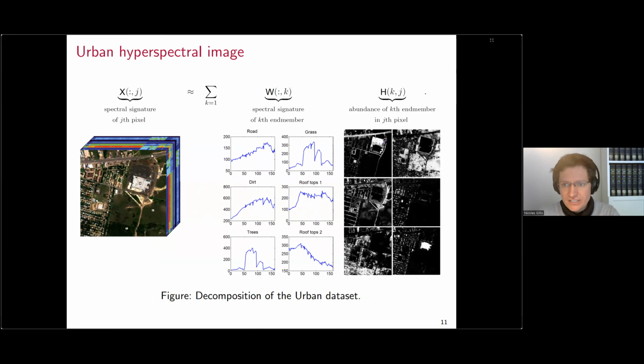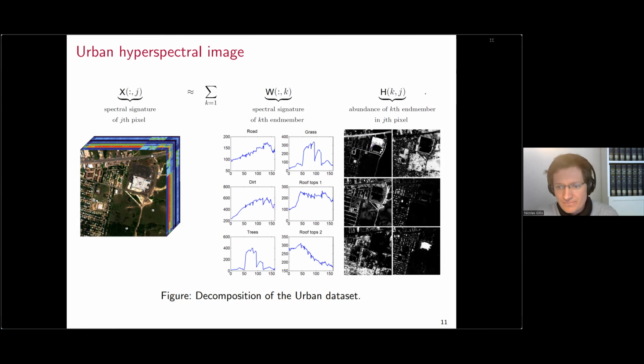And then in the matrix H, you get the abundances for each material. So this first image is essentially the first row of H that has been unvectorized. It was vectorized to construct the input matrix X, because each row corresponds to a wavelength, to one image, each column to a pixel.